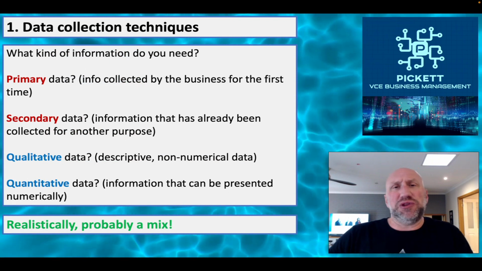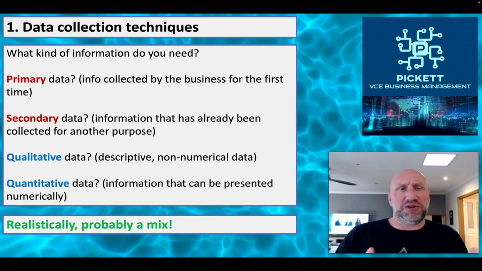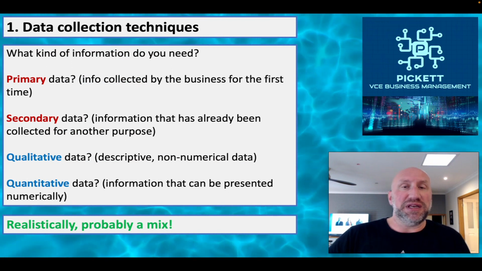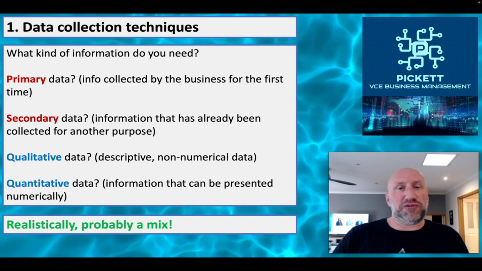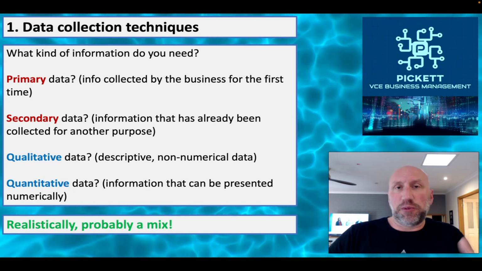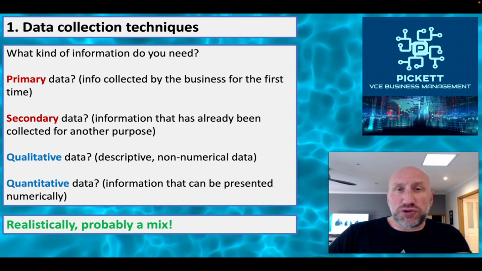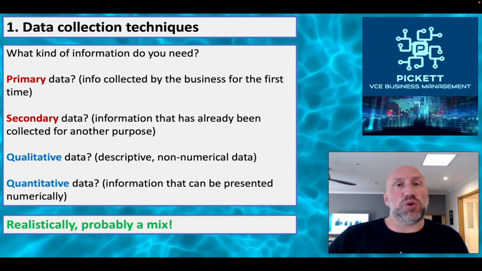This is similar if you've done humanities. So primary data is information that's being collected for the first time, and secondary data, you're going to be looking through information that's already been collected, probably for another purpose, but it might be useful to you. And then there's also two types, qualitative and quantitative.